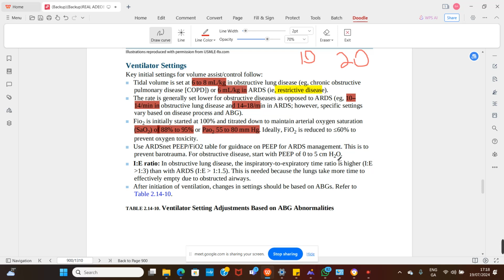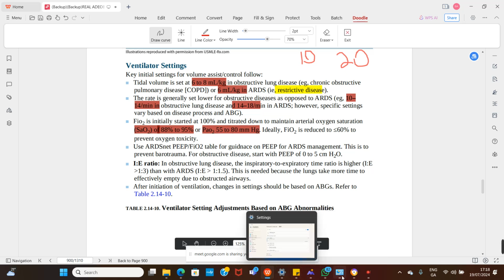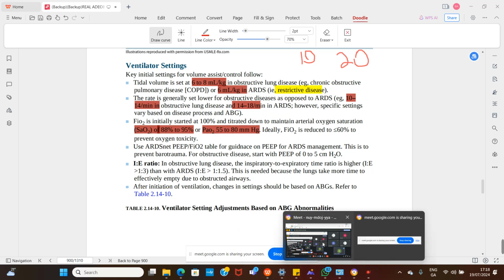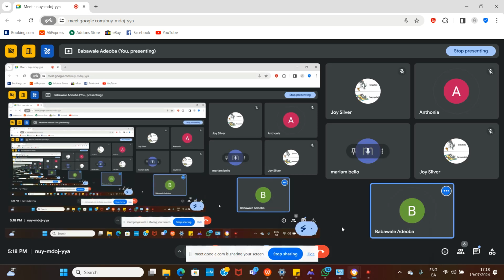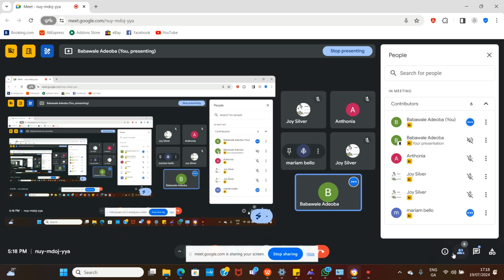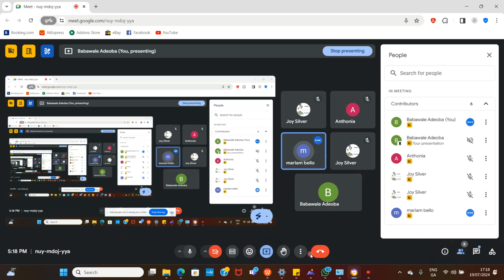No, like the Google chat here, not WhatsApp. Okay, the Google chat. Let me see, there's a way I can view it. How can I view that? No, the next one close to that icon.